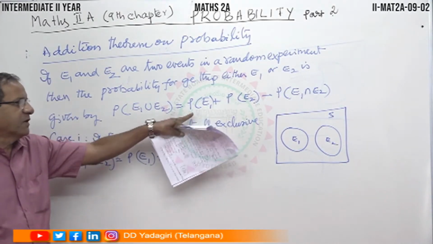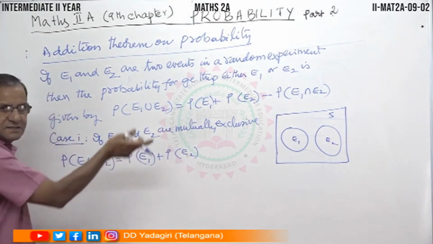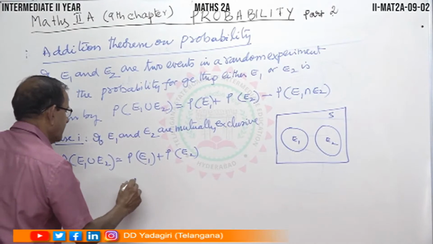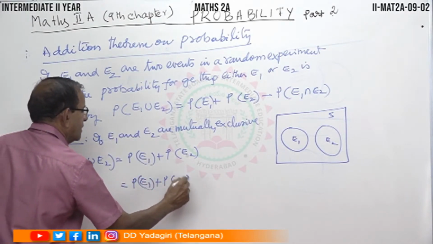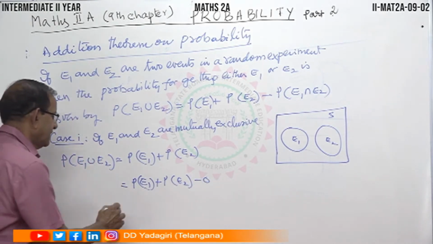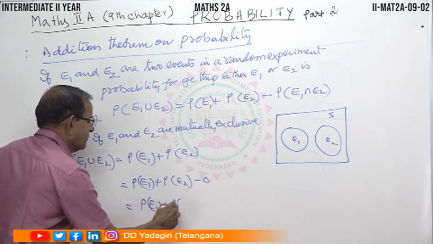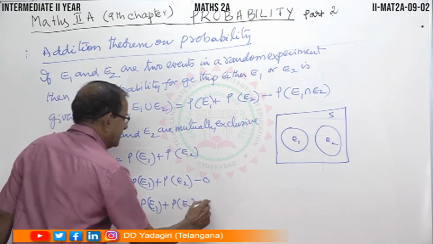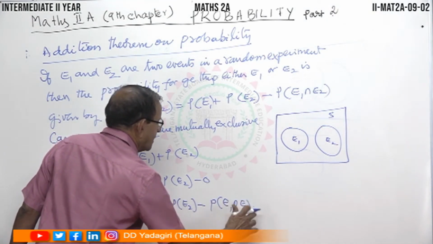But it should be in this form. How to write this in that form? That is equal to P of E1 plus P of E2 minus 0, I'll write. No change in the value. Now in place of 0, you can write P of E1 plus P of E2 minus P of E1 intersection E2.